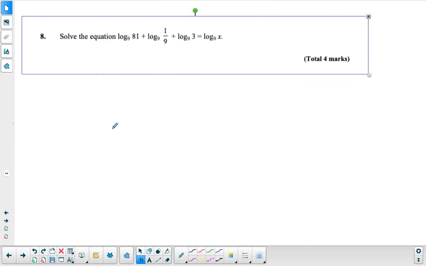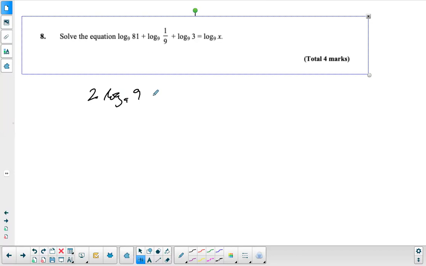And question 8. We're going to put this all in terms of nines. So 81 is 9 squared. So this is 2 log to the base 9 of 9.